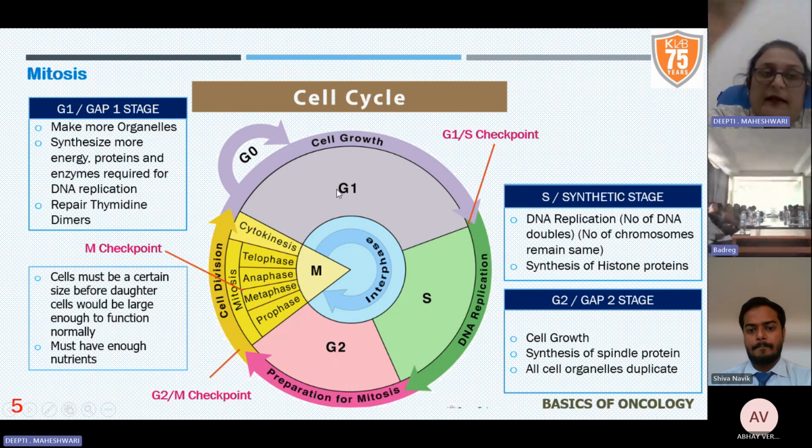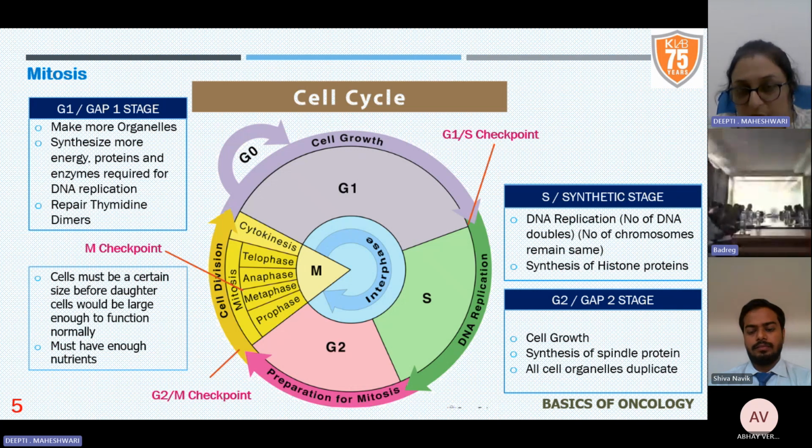That means again they can undergo the cell mitosis phase. That means again they can go to the G1 phase where they will prepare the cell for mitosis. So the cells can either go to the G0 phase, that is the resting phase, or they can go to the G1 phase where they can again enter the cell cycle and start further cell multiplication.